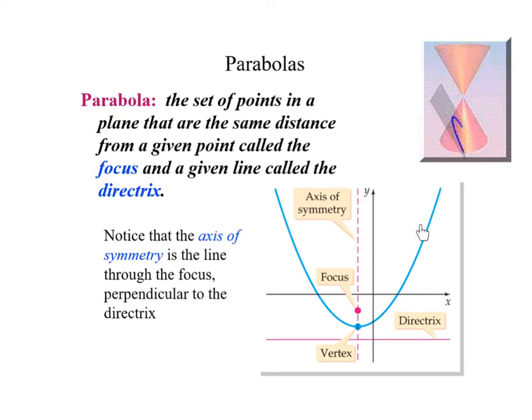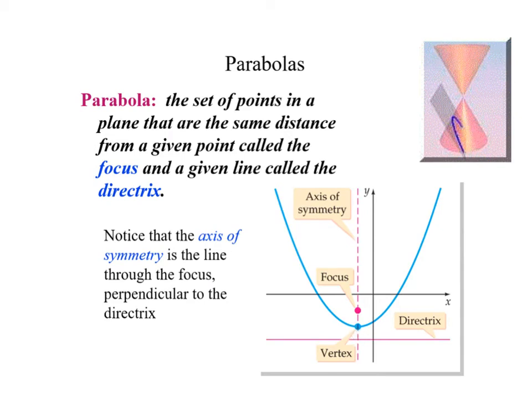You know that the parabola is symmetric about the axis of symmetry. The axis of symmetry goes through the center of the parabola and also it goes through the vertex, which is the minimum or maximum point depending on which way the parabola is opening. Now this particular parabola is opening up, so we have a vertex that is a minimum.